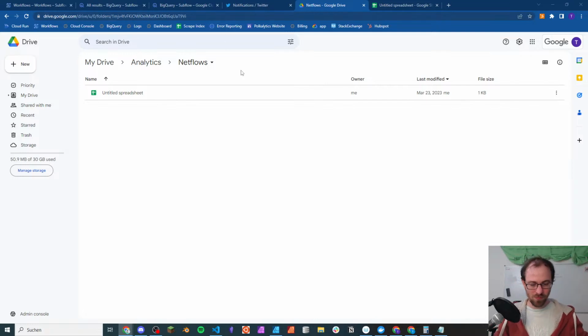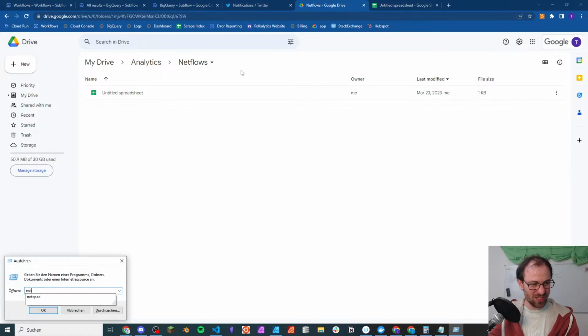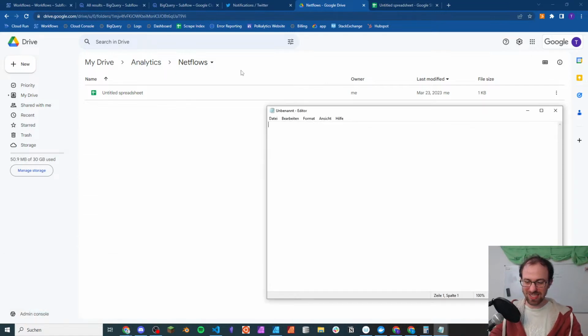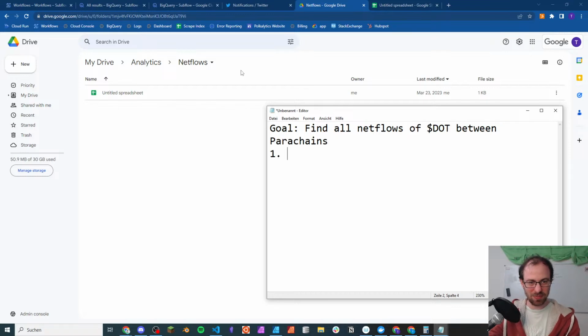Since we want to give everyone a chance who will be joining later this evening, let's map out the steps. Our goal for today is to find all net flows of DOT between parachains. The first step is to make a list of all parachain accounts.